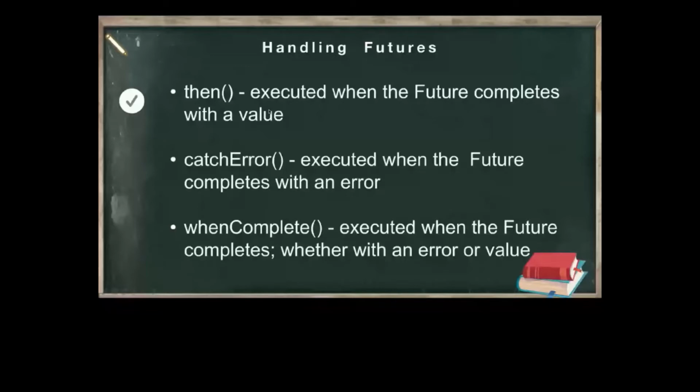And then if maybe the person fails to get you the money, then the catch error will happen, where you will find other solutions, or maybe you will withhold that project that needed the money, right? But anyway, life goes on. Whether they give you money or they don't, life goes on. So that is how you can interpret it. So whenComplete will execute whether you get the money or you don't. That is how it works.